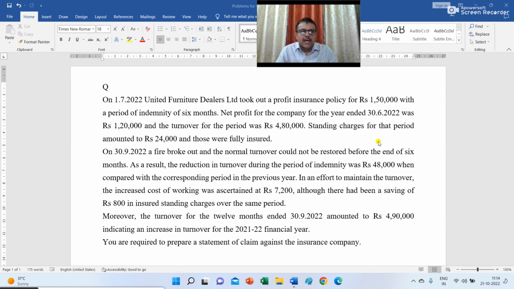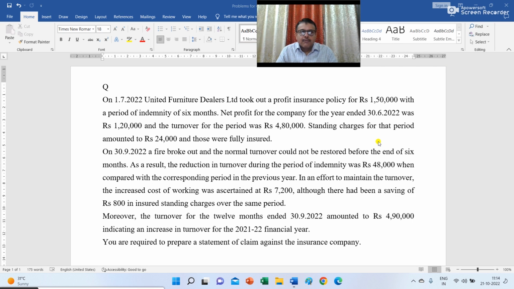On 1st July 2022, United Furniture Dealers Limited took out a profit insurance policy for Rs 1,50,000 with a period of indemnity of 6 months. Net profit for the company for the year ended 30th June 2022 was Rs 1,20,000 and the turnover for the period was Rs 4,80,000.